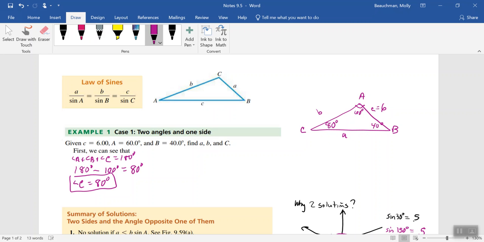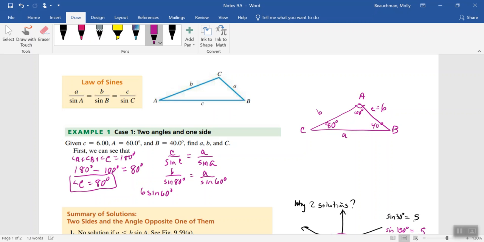I use what I have and what I'm trying to find. I have 80 degrees and the side opposite it, so I'm going to use c over the sine of C, because I have those two values, is equal to a over the sine of A. Substituting my numbers in, I get 6 over the sine of 80 degrees is equal to little side a over the sine of 60 degrees. Multiply both sides by the sine of 60 degrees.